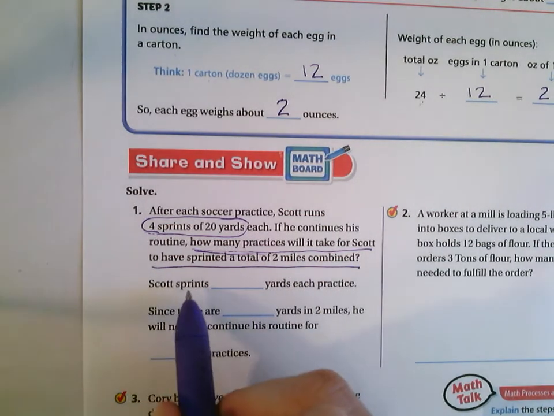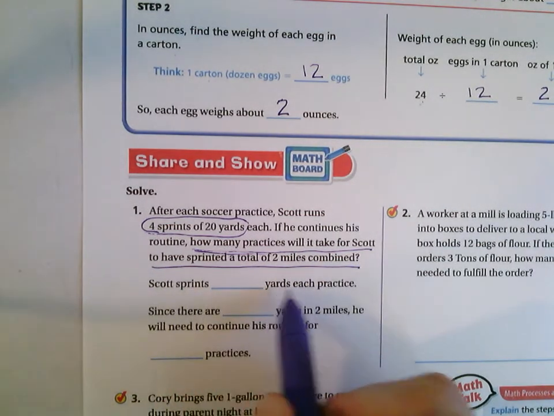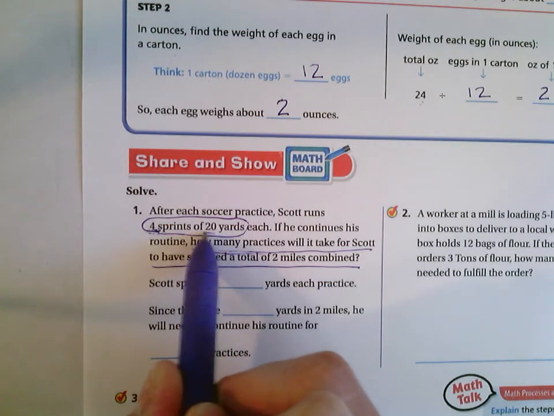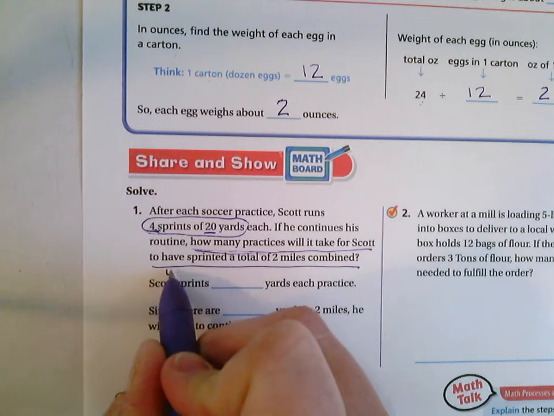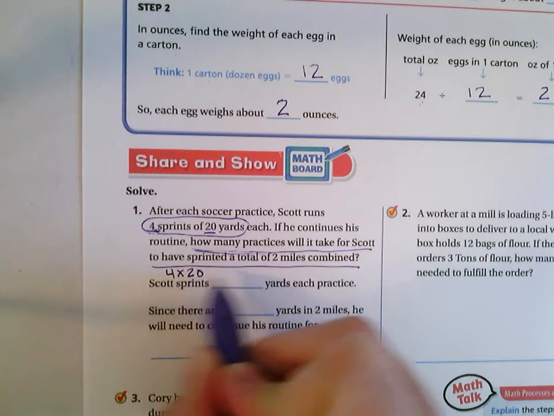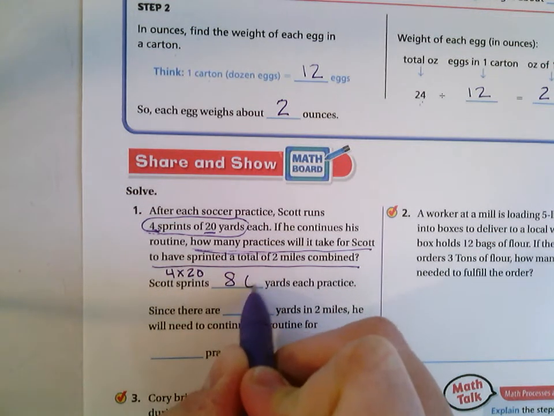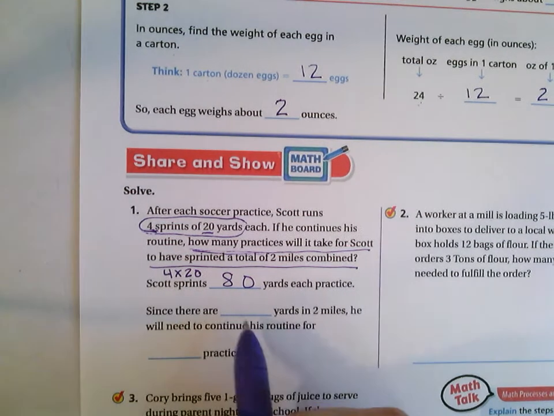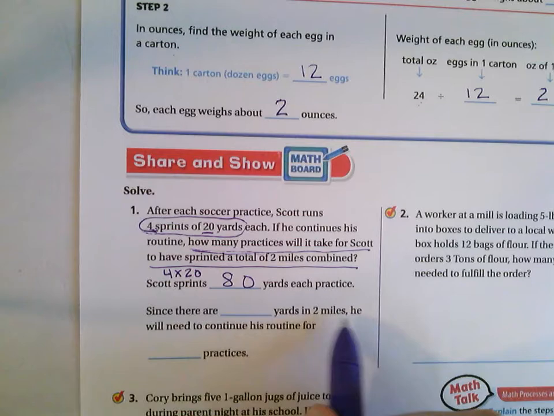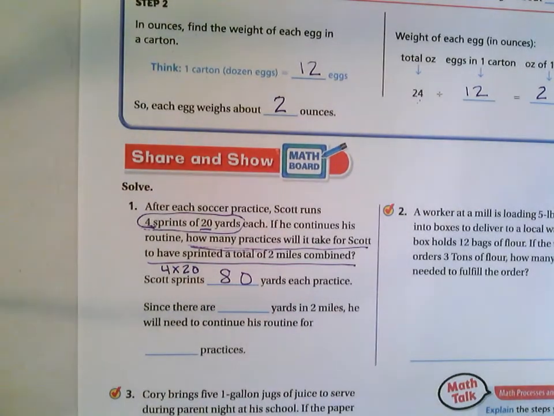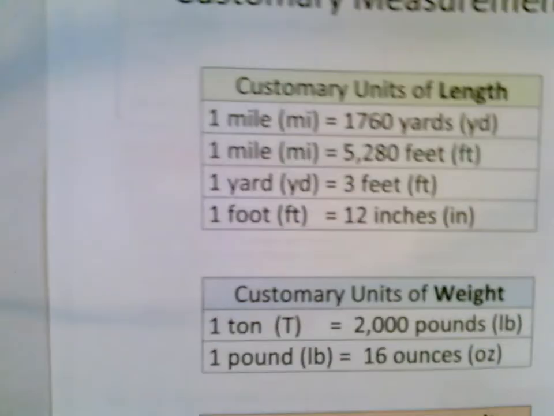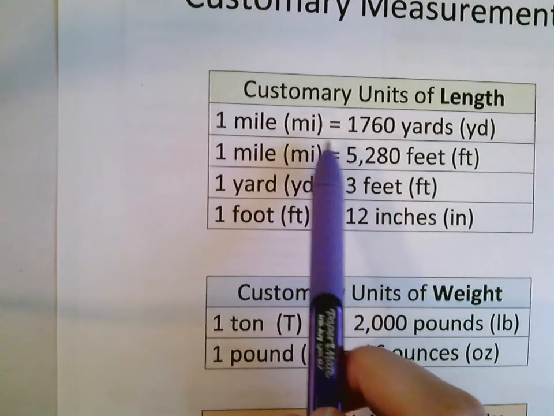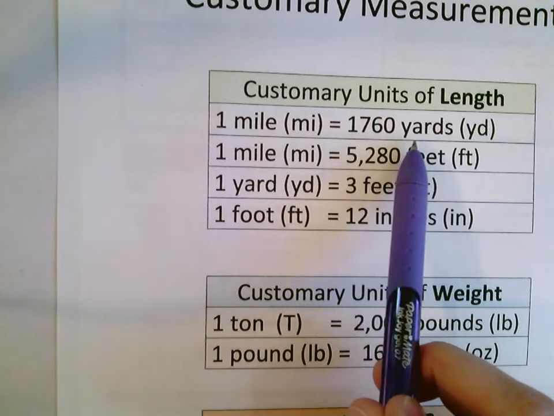So Scott sprints how many yards in each practice? Well, he does 4 sprints of 20 yards. So that would be 4 times 20. So he does 80 yards each practice. And how many yards are in 2 miles? Let's go back to our chart and look at yards and miles. 1 mile is 1,760 yards.